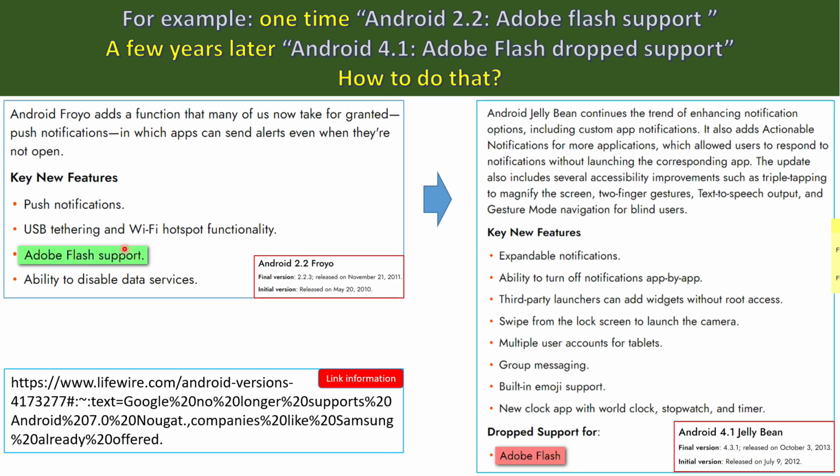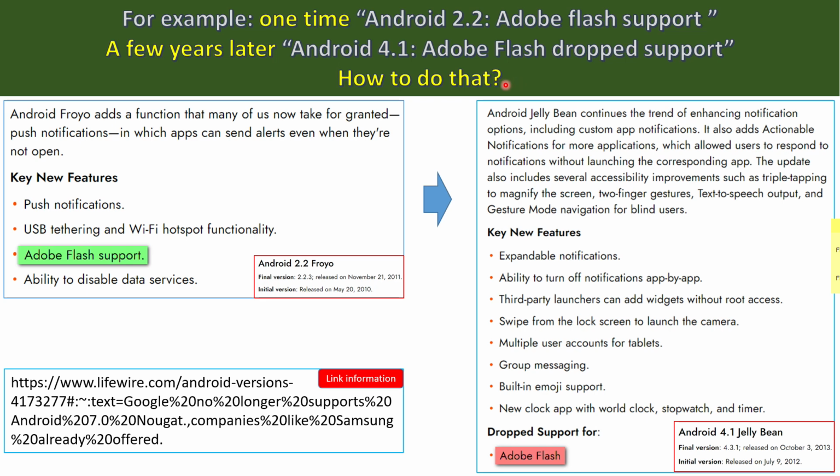Next, a few years later, in 2012, Android 4.1 Jelly Bean dropped support for Adobe Flash. The question is, how to do that?